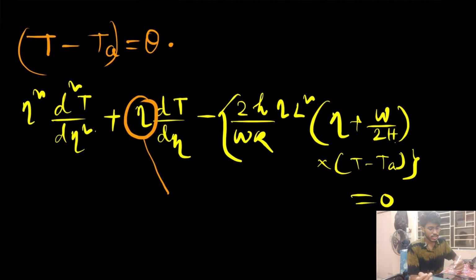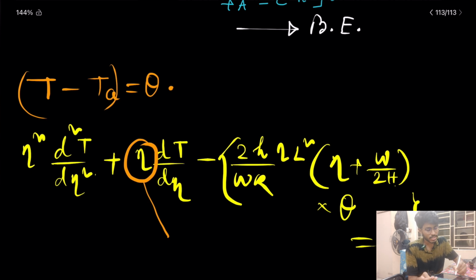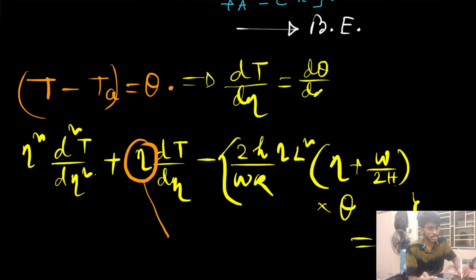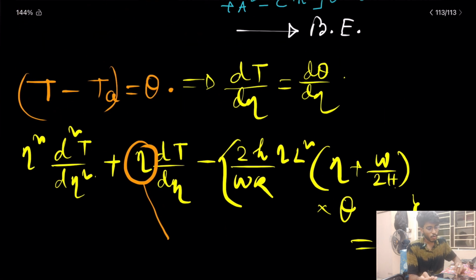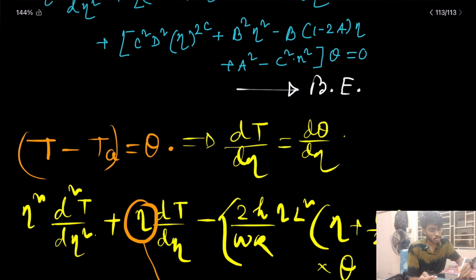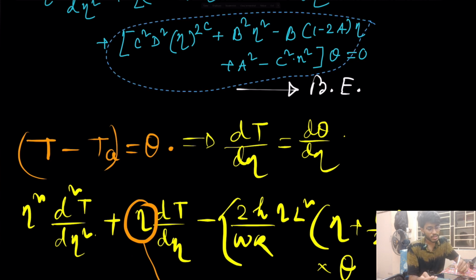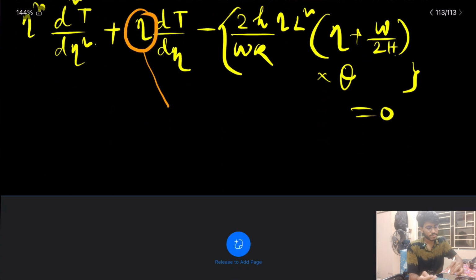Here there will be only one change, that is this term will become theta, because if you take the derivative here, dt d eta is equal to d theta d eta, because ta is a constant. Everything is the same other than that. So now you can again compare this whole term. I am just copying this part.